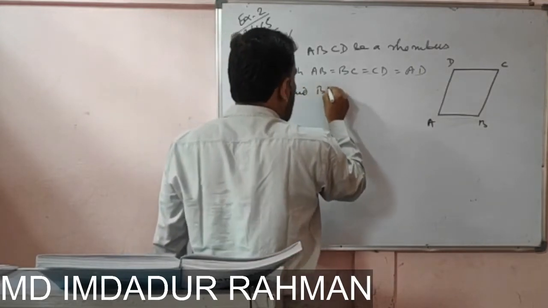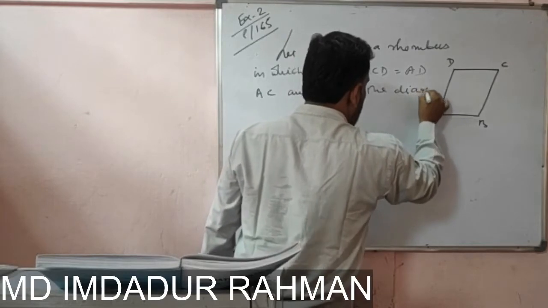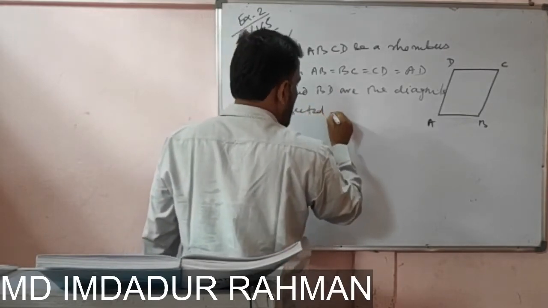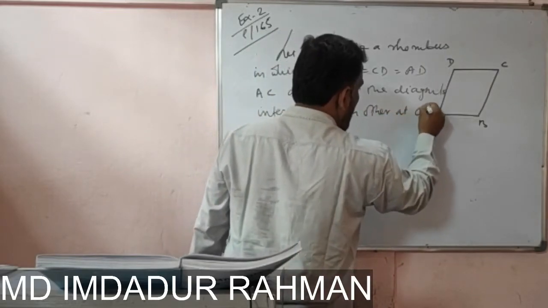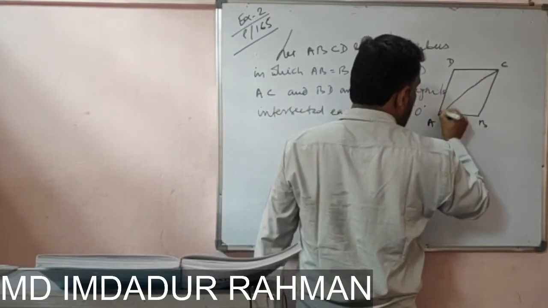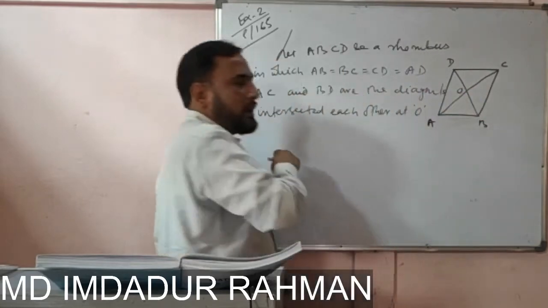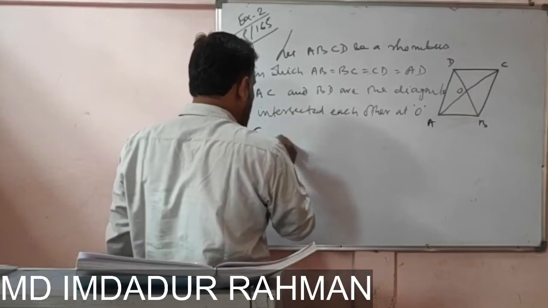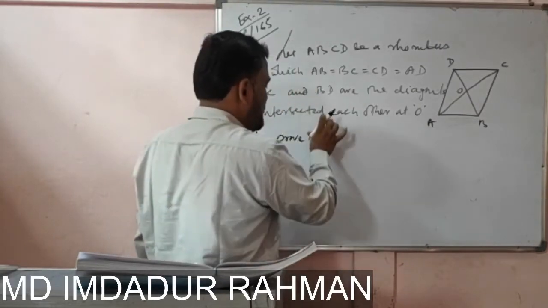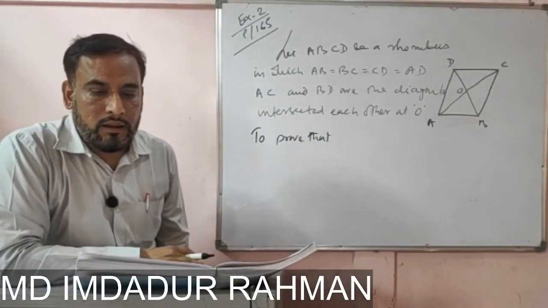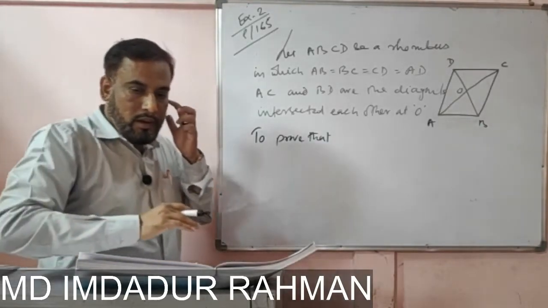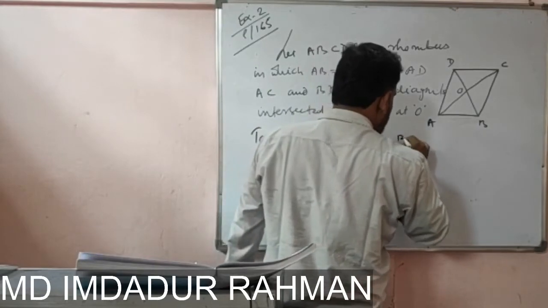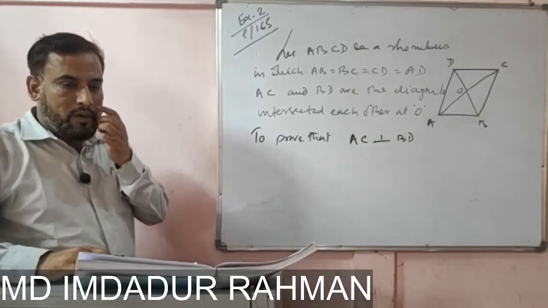AC and BD are the diagonals intersecting each other at O. We have drawn the diagonals AC and BD, and they intersect each other at O. To prove that the diagonals of a rhombus are perpendicular to each other, we have to prove that AC is perpendicular to BD.